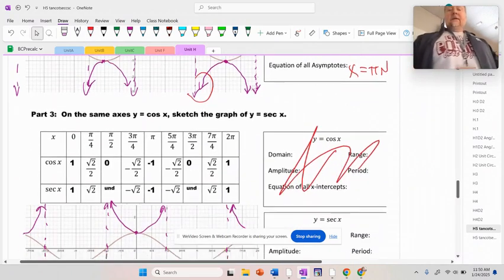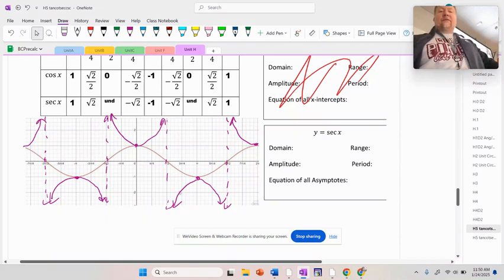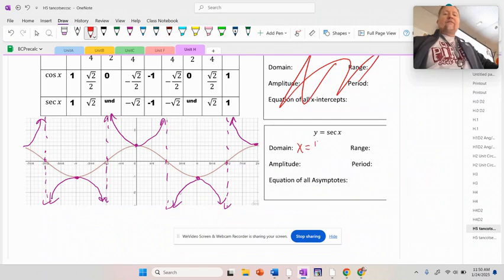All right. And then the domain is very similar, but this is a little off. And then you're going to be a little annoyed with secant. Secant's a little tougher because it's a little shifted, is what I like to say. Pick one of these, any one of them. You wouldn't be wrong. I just picked the first one that's to the right of the y-axis. And they are all half a period away.